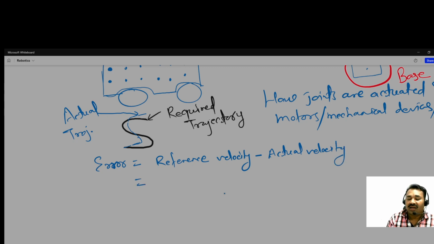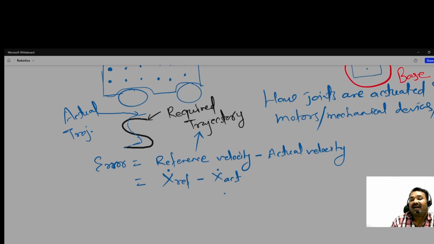Suppose for the x direction, x dot is the reference one, and x dot here is the actual one, and this required trajectory gives the reference velocity. With this error, can the robot locate the object at the required location? No, our answer is no.